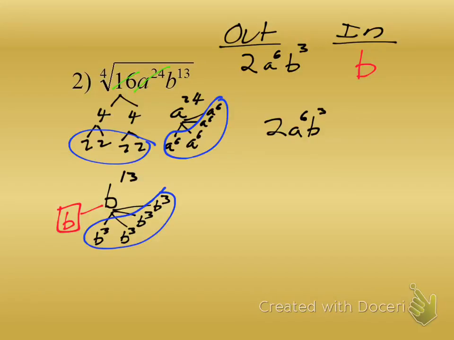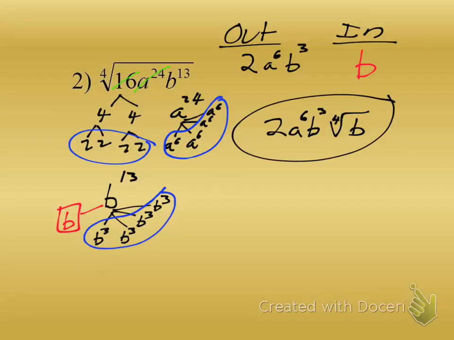Okay, most important thing. What type of root is this one? It's a 4th root. So your answer is a 4th root. Every single time your index is not 2, that index never changes.